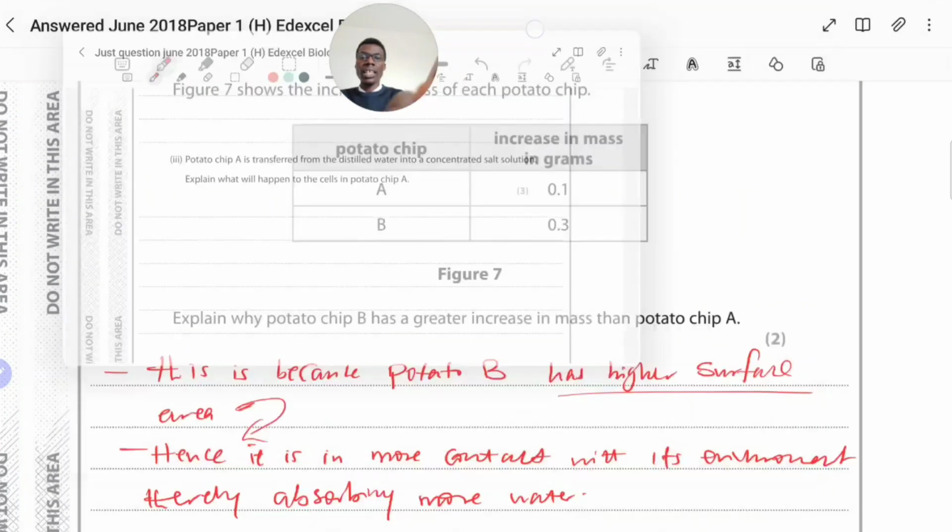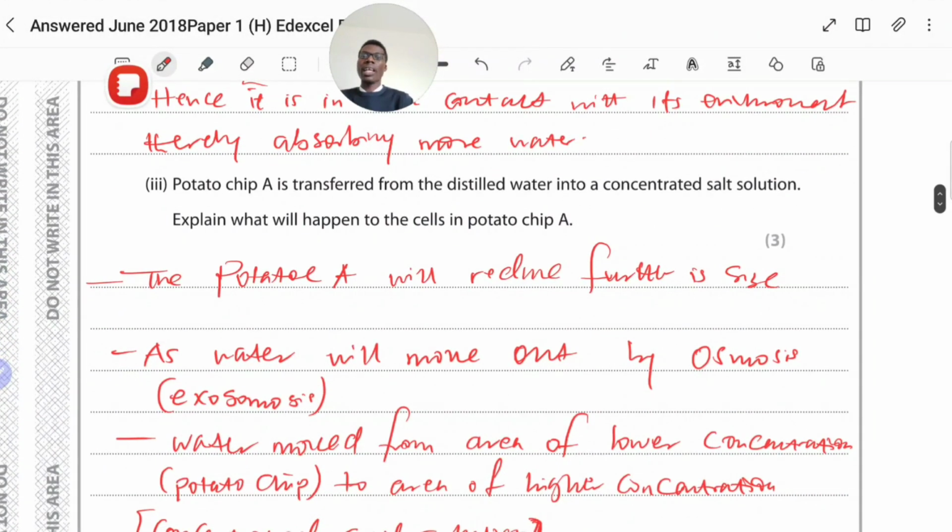So let's see the answer here. The potato A will reduce further in size. Why? Because according to what I just told you, when you put that in a concentrated solution, water will move out of it. Because I told you water will move from area of low concentration to high concentration.